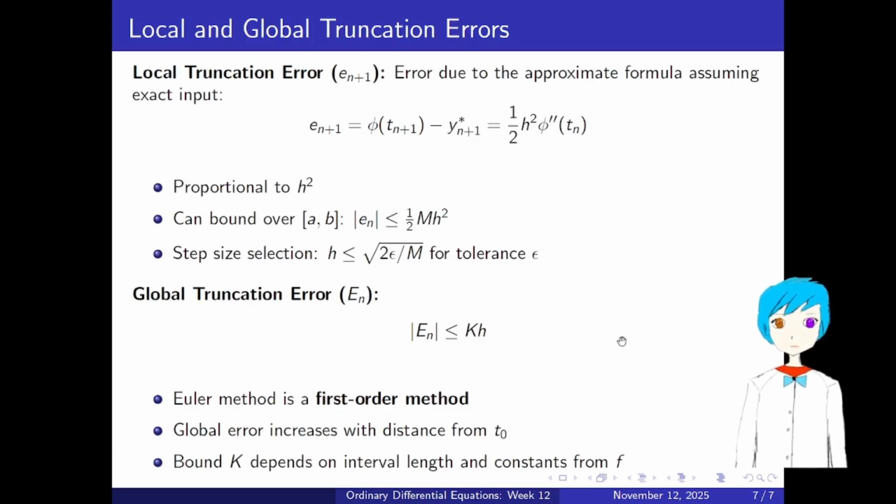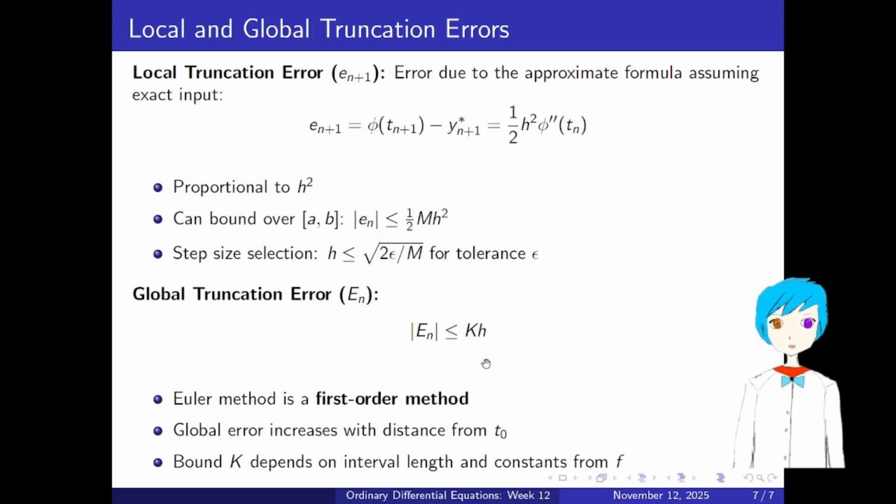How can we estimate the error? So basically, there is local truncation error and there is global truncation error. The local truncation error is the error that comes from using different sorts of numerical algorithms, like the Euler's algorithm. For the Euler's method, the local truncation error is proportional to the square of the time step, and we can choose a step size to bound this local truncation error.